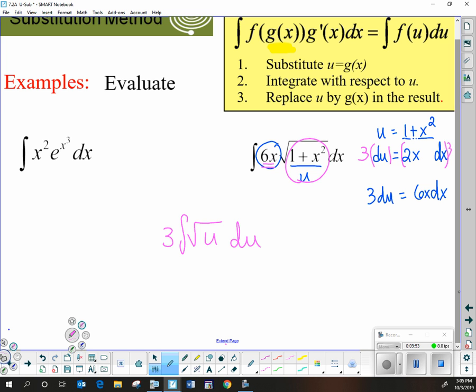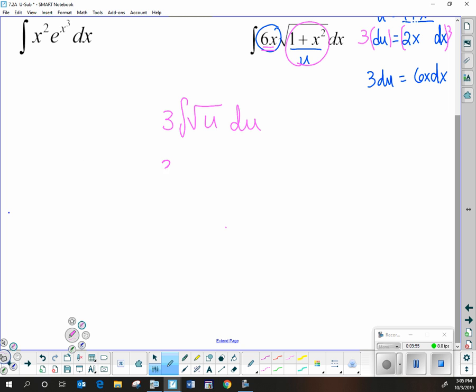Now, to integrate, I might prefer to write that radical as a rational exponent, and then it goes into power rule. Add 1 to the 1/2, that brings me to a 3/2. Dividing by 3/2 is like multiplying by 2/3, and then I'd have a plus c. 3 over 3 goes to 1.